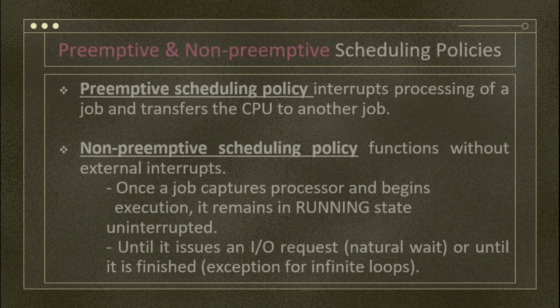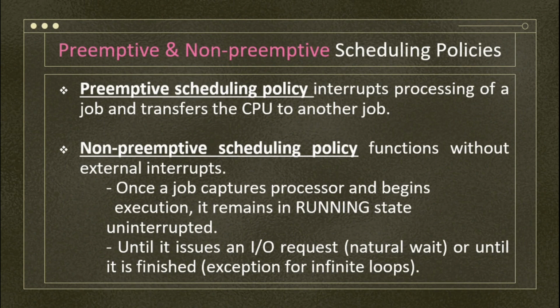So the next is preemptive and non-preemptive scheduling policies. Preemptive scheduling policies refer to scheduling algorithms that allow a running process to be interrupted or preempted by a higher priority process. The operating system has the ability to forcibly stop the execution of a process and allocate the CPU to another process.